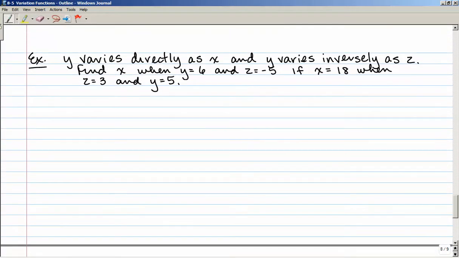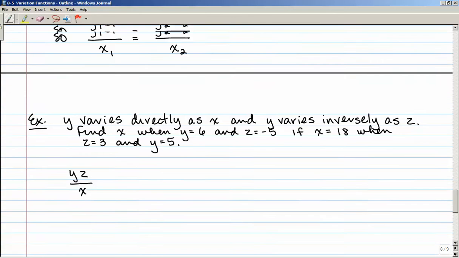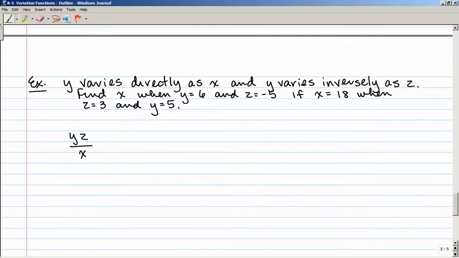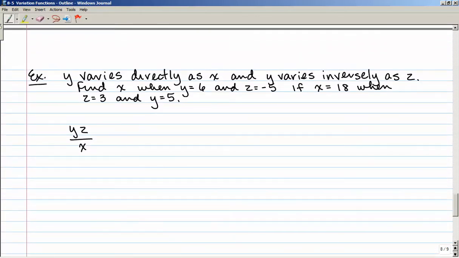So y varies directly as x and varies inversely as z. So let's write the formula for that. So that was y z over x. So y varies directly as x, and inversely as z. Find x when y is 6 and z is negative 5, if x is 18 when z is 3 and y is 5. So let's plug those in. So my first set of data is going to be an x, 6 for y, and negative 5 for z.